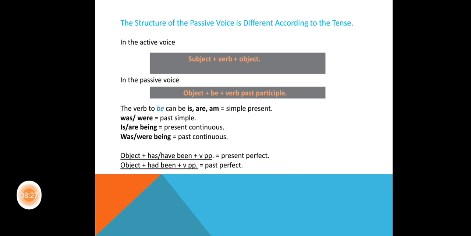Okay, the second sentence: Woodrow Wilson had proposed 14 points. So in the past perfect passive, 14 points had been proposed by Woodrow Wilson, the American president.